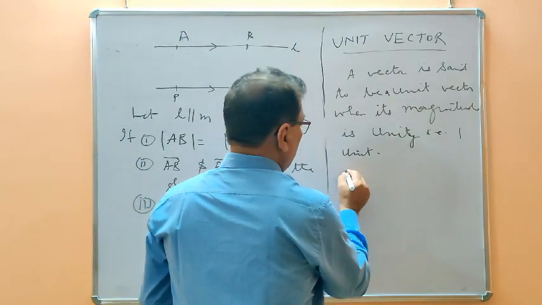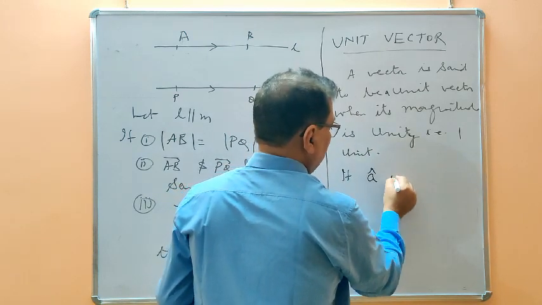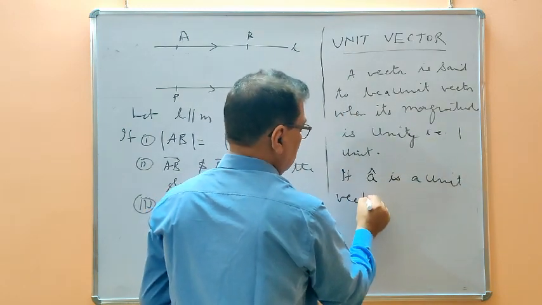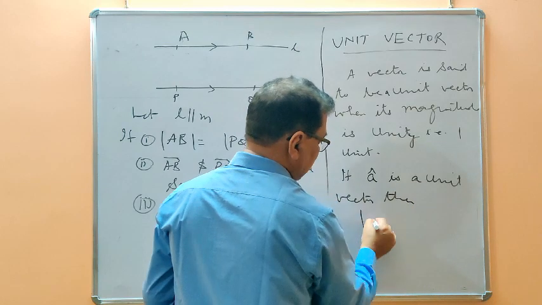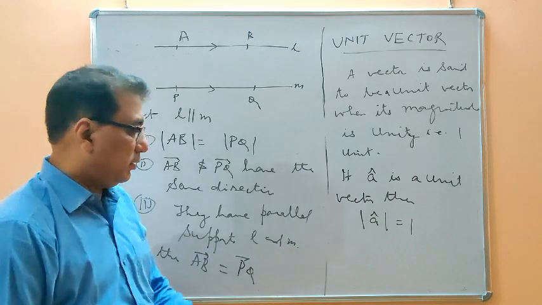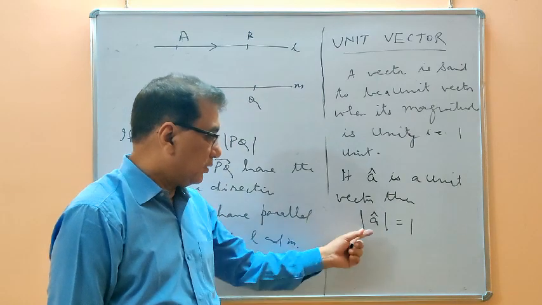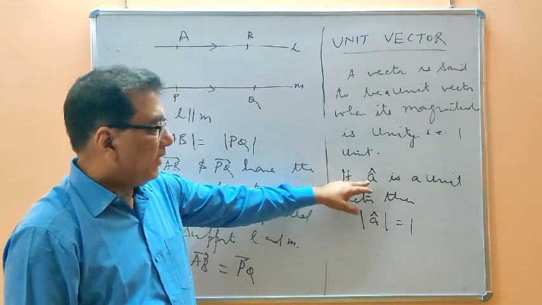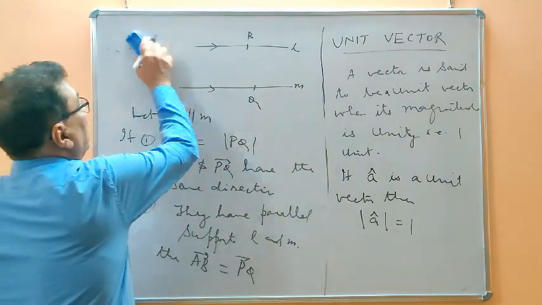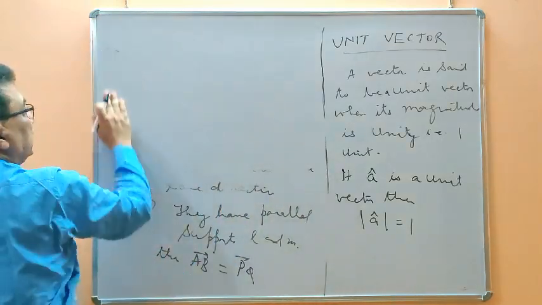Okay. So if A cap is a unit vector, then its magnitude is 1. The magnitude of a vector is represented by the vector inside the parallel lines. Okay, so this is the representation of magnitude. So if A cap is a unit vector, then its magnitude is 1. Now, how to get a unit vector?